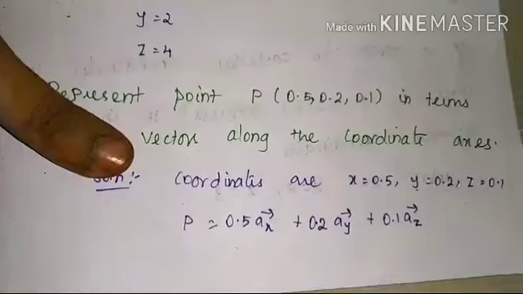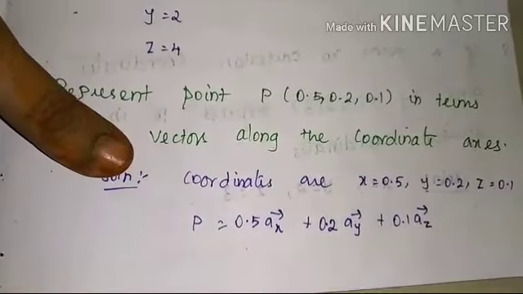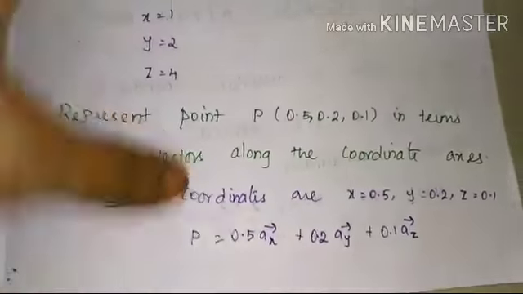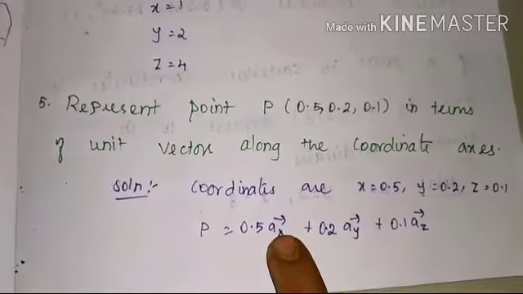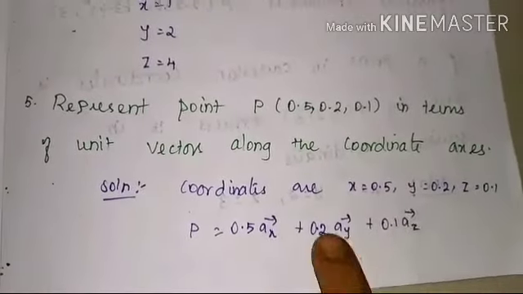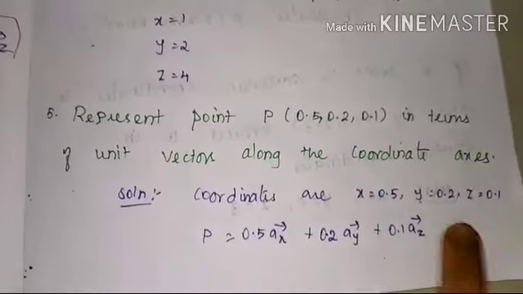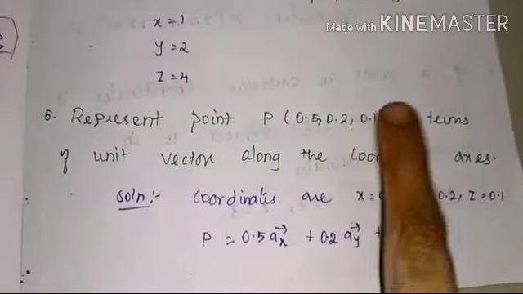So coordinates are x is equal to 0.5, y is equal to 0.2 and z is equal to 0.1. With these values we just form the unit vector equation. That is 0.5 ax vector, 0.2 ay vector, 0.1 az vector. This is said to be the unit vector for the given point P 0.5, 0.2 and 0.1, right?